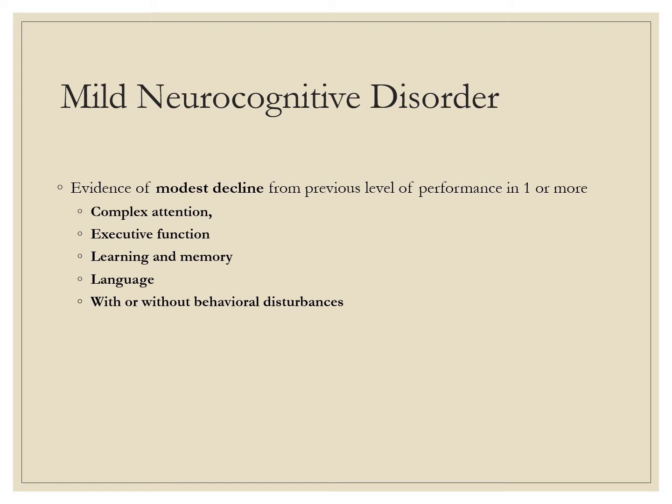Executive functioning, which is your ability to sort and prioritize things. This is where we juggle information and where we recognize we've made a mistake and then we go back and we correct it. Learning and memory, those are kind of self-explanatory. Difference in language, and there may or may not be any disturbance in behavior at this point.